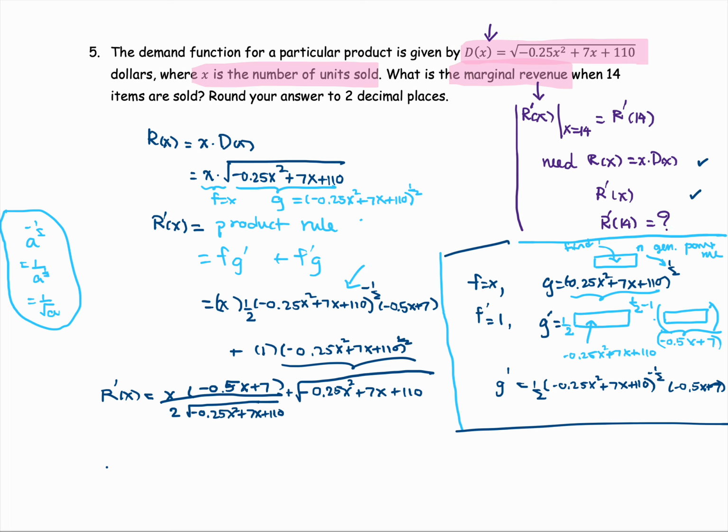So we got this step done. Now we're going to replace the x with the 14, which is our goal, the marginal revenue when 14 items are sold. Wherever we see x, we're going to replace it with 14.